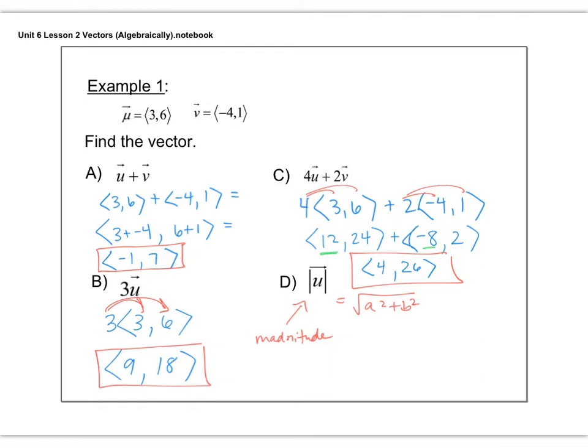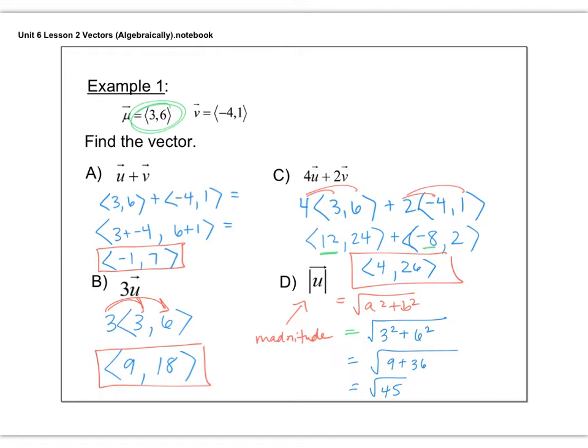So if I go up to the top, I see vector u has components 3, 6. So down here, I'm going to say the square root of 3 squared plus 6 squared. 3 squared is 9, 6 squared is 36. Added together, I get 45.